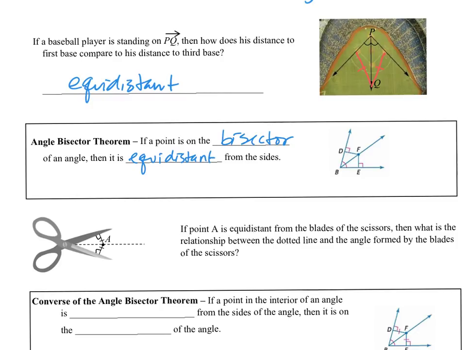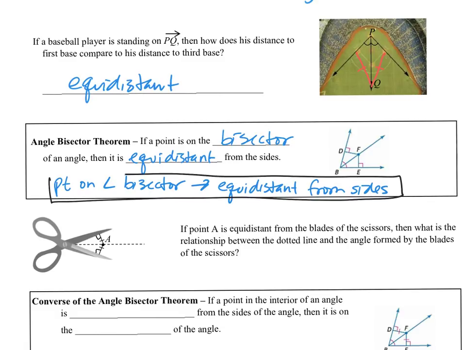So let's write that out in shorthand. We'll say if a point is on an angle bisector, then that implies that the point is equidistant from the sides of the angle. Okay, if we ever need to use that theorem as a reason in a proof.